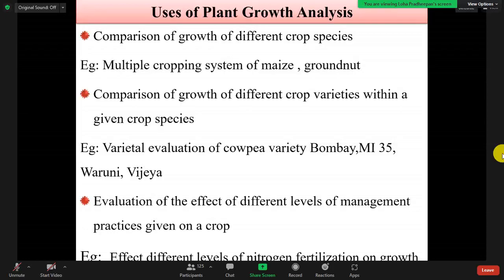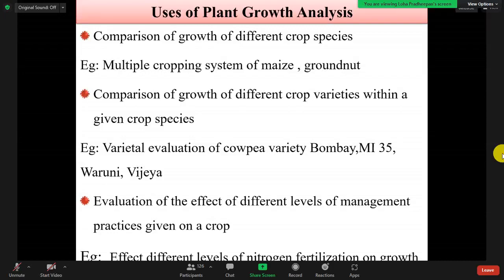Even if we take the cowpea, it has different varieties like Bombay, Baruni, Davala, Vijaya. Some may be purplish brown in color, some reddish, some white, some light brown.